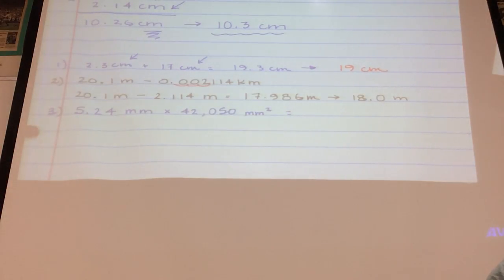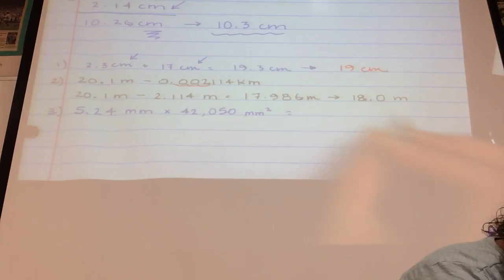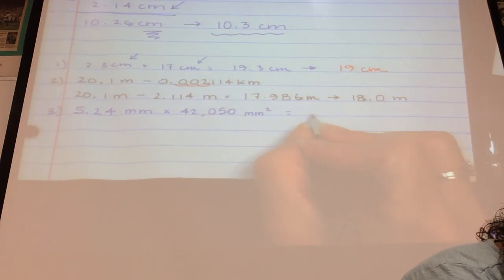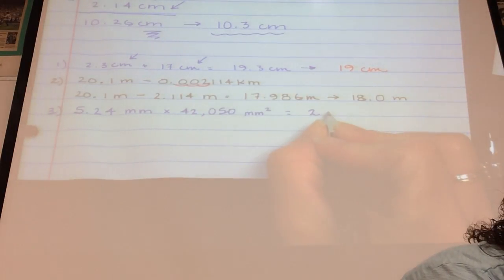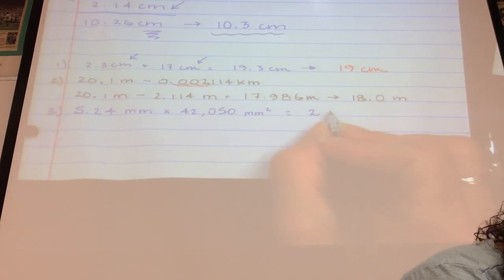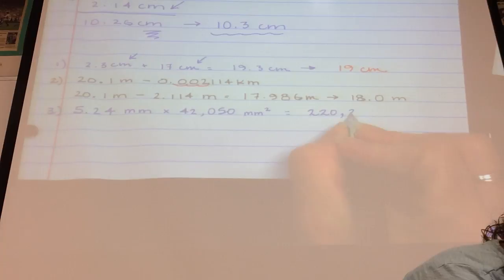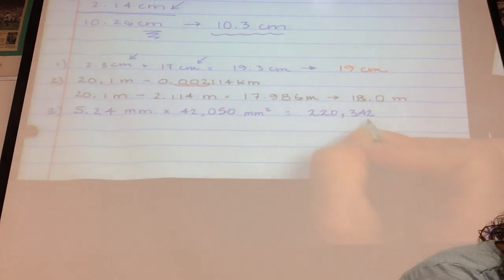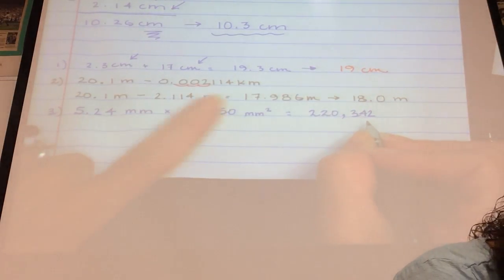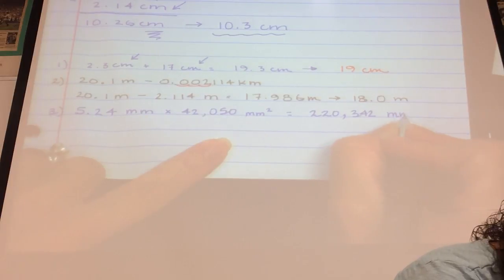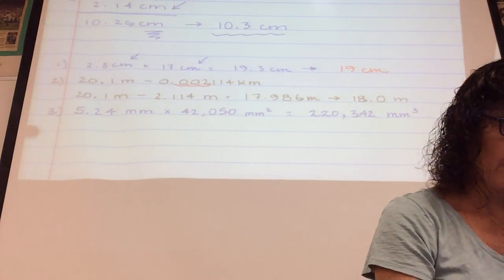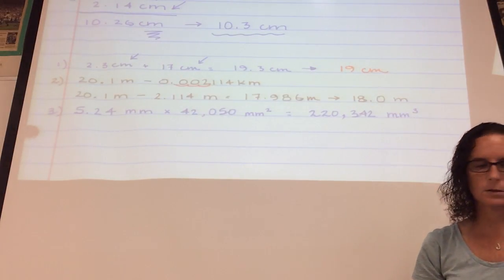So if we plug that in, we have 220,342.1 plus 2 is millimeters cubed. Now that, of course, is not your final answer.